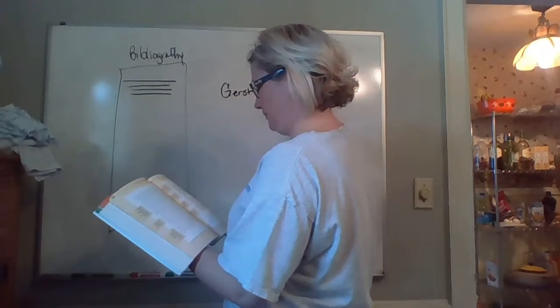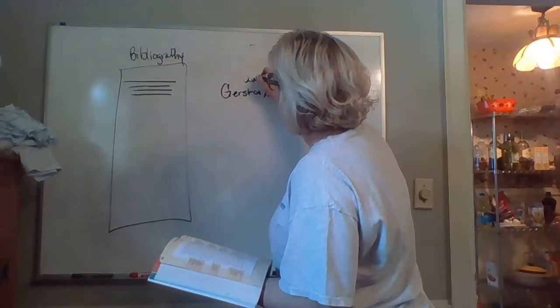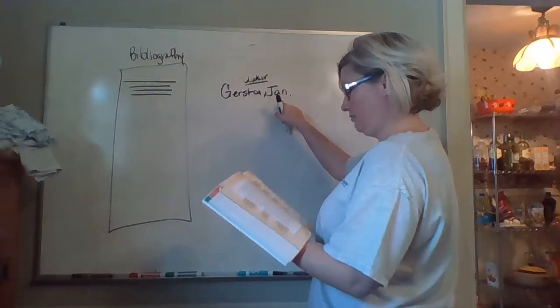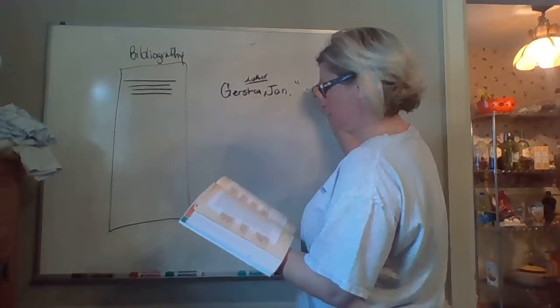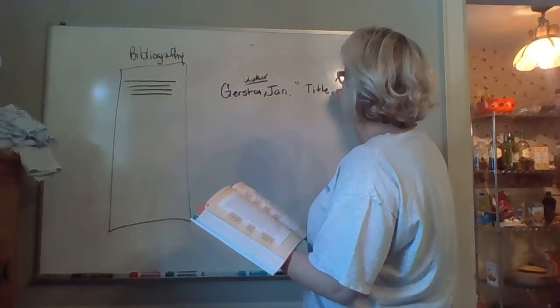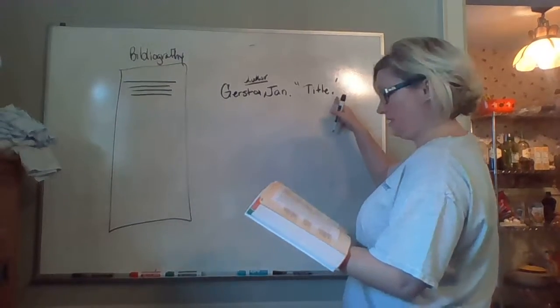Gersten, Jan. Okay, so this is the author. The author comes first, last name and then first name. Then we have, in quotation marks, the title. And notice there's a period. So there's an author, period, title, period.